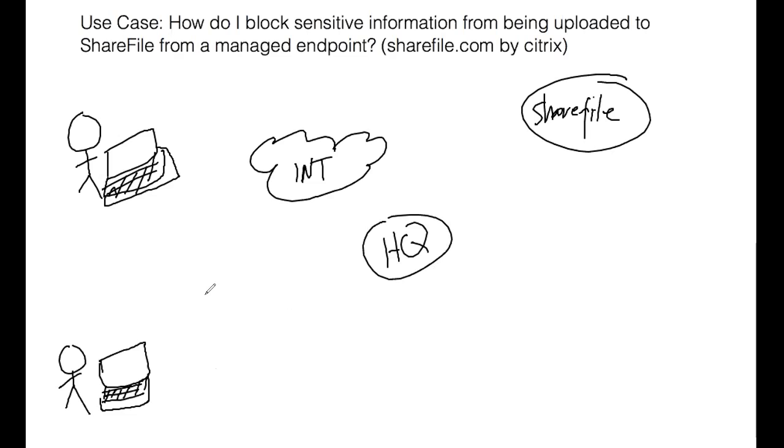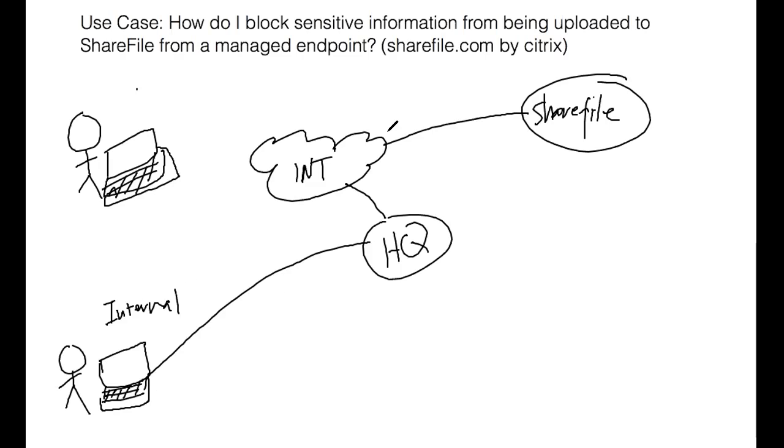Let's talk about the first scenario: a managed endpoint in the internal network. The user is connected to internal HQ and goes out, uploads data to ShareFile.